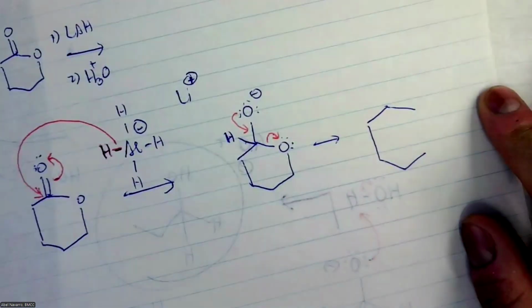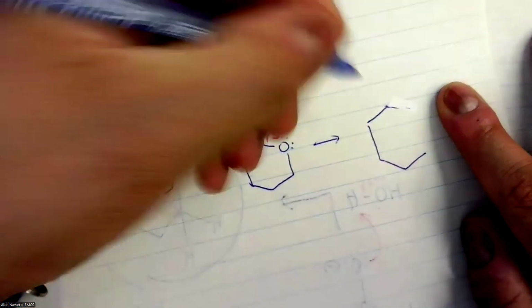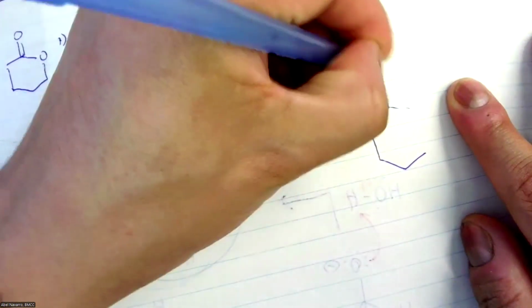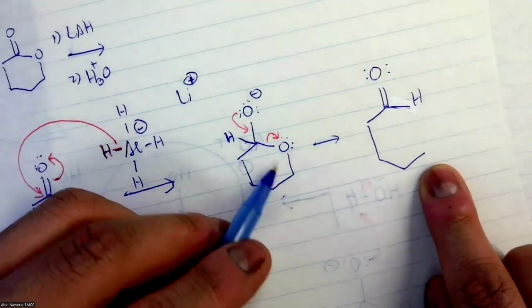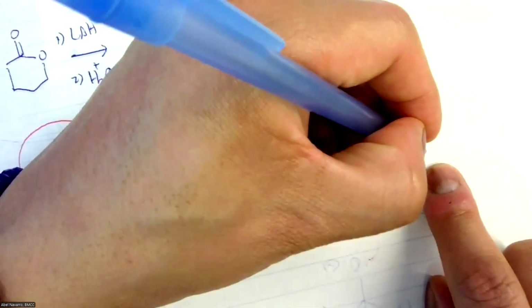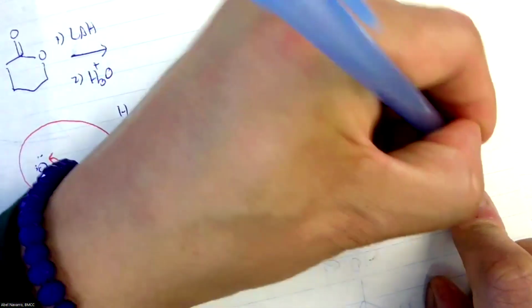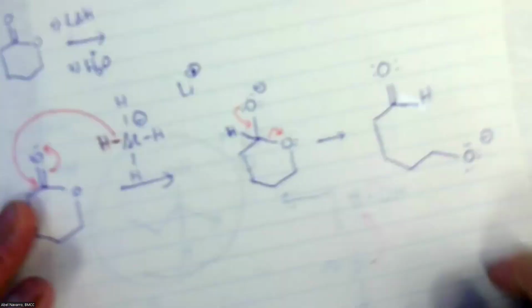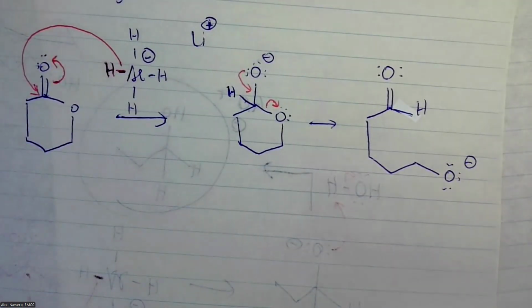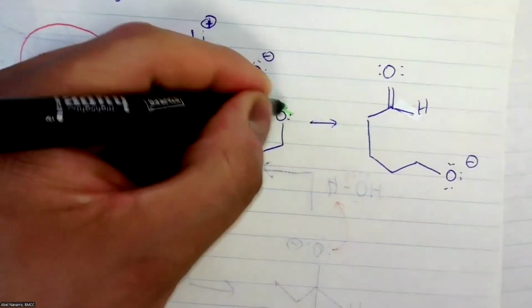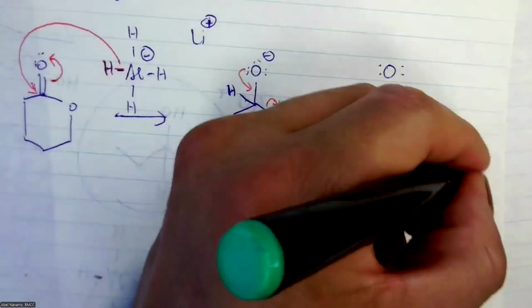I made a mistake. Okay, so this one has a double-bonded O. It comes back down. The H will go to the side, and this one, the oxygen minus. Who is this oxygen? This oxygen is this oxygen.